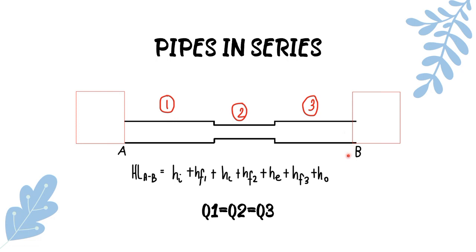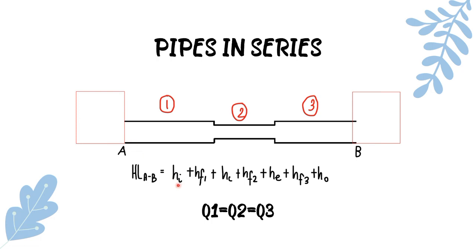And to get the total head loss from A to B, it is just going to be the summation of all the major and minor losses combined. So, as fluid goes into pipe 1, there is loss.